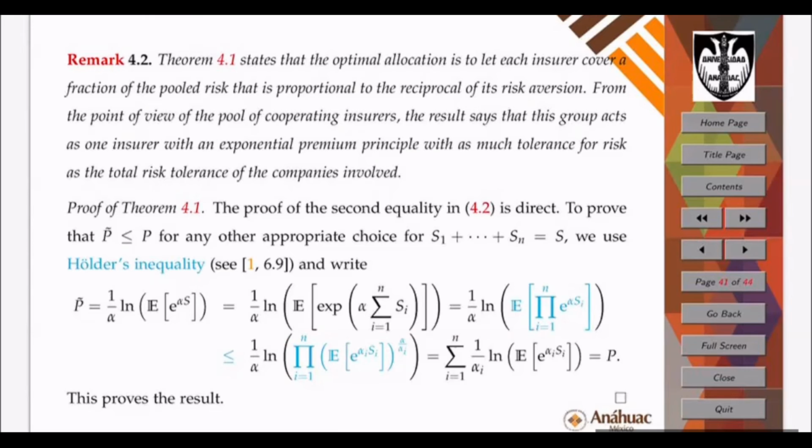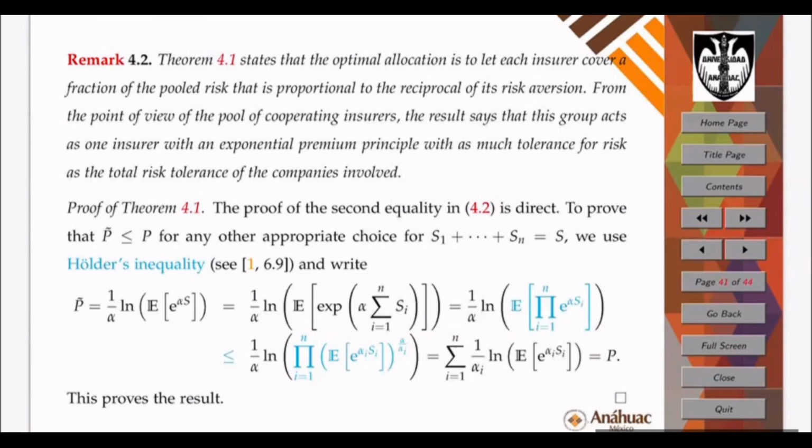Please observe that I have also chosen to use the alpha i's, which doesn't mean a thing, because all I'm doing is taking the p and the q's that I've just shown, right? So I can do this. And now I can just use the properties of the logarithm to take this product out of the logarithm and transform it into a sigma, so that for all values of the alpha, you have that this P tilde is lower or equal than the P, which was precisely what we wanted to prove.